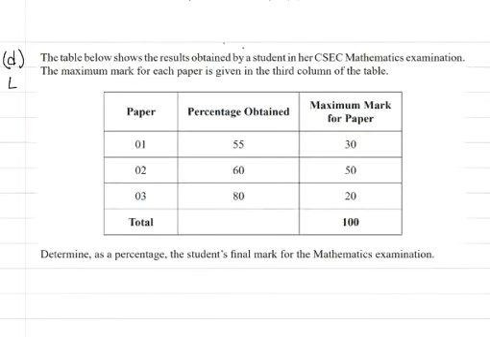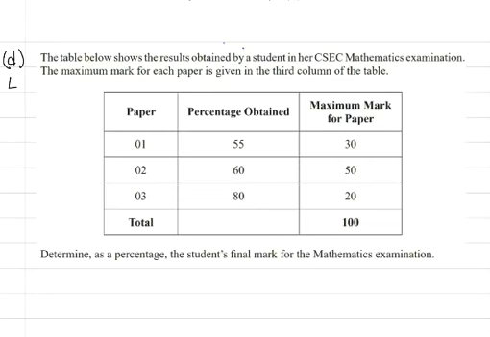Alright, and that brings us to the D part of the question, which is the last part of the question. The D part says, the table below shows the results obtained by a student in her CSEC mathematics examination. The maximum mark for each paper is given in the third column of the table. We're to determine as a percentage the student's final mark for the mathematics examination.